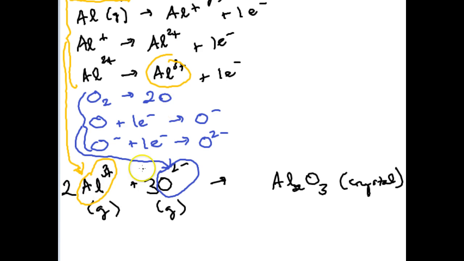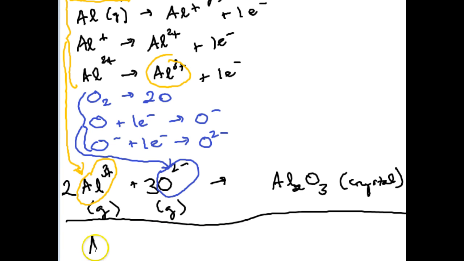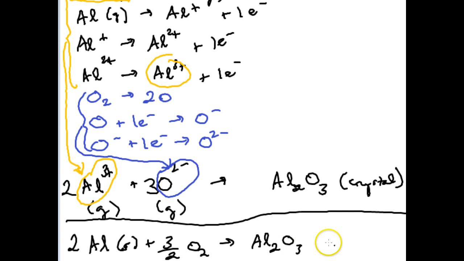Back to black. We will get two aluminum solid, that's an S, plus 3 halves O2 makes Al2O3.